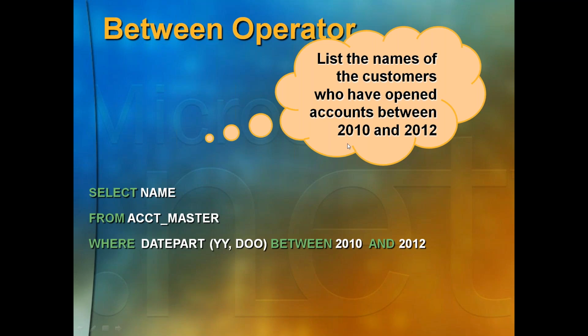To bring out the year number, we must use the DATEPART function: DATEPART year between 2010 and 2012. Symbols will not work, and you cannot say 2010 'to' 2012 because it is not English. It is SQL syntax that we are writing.